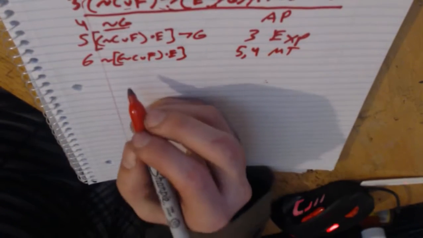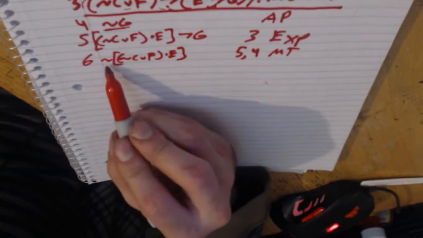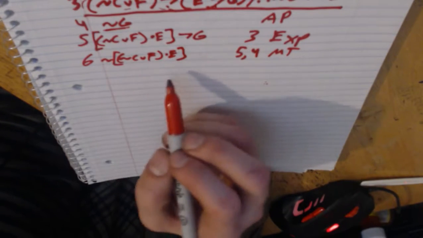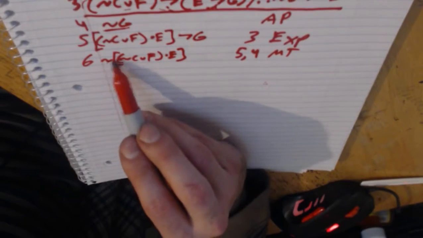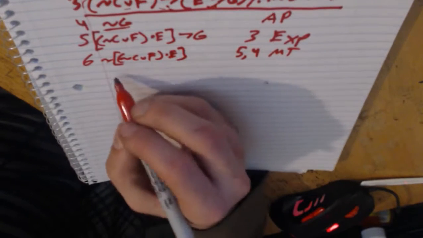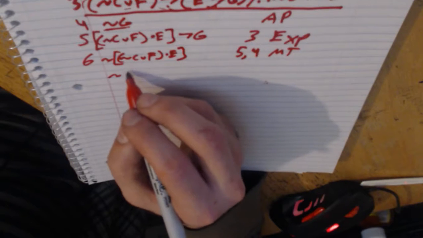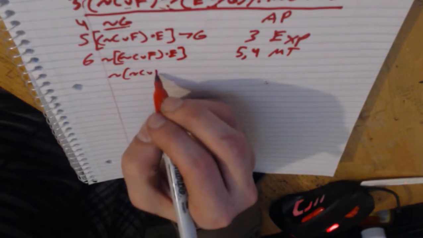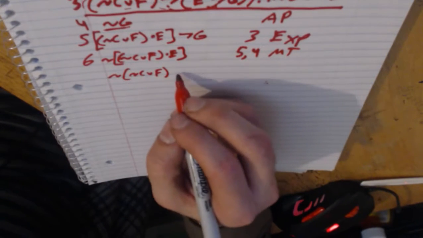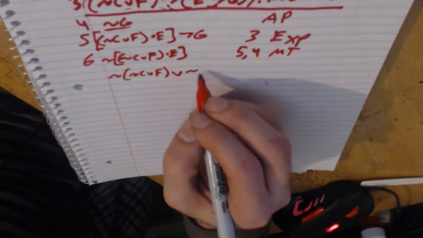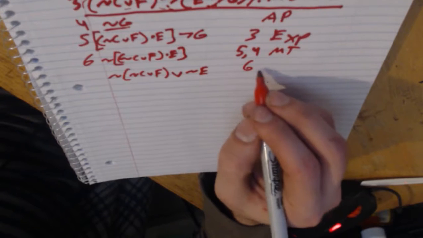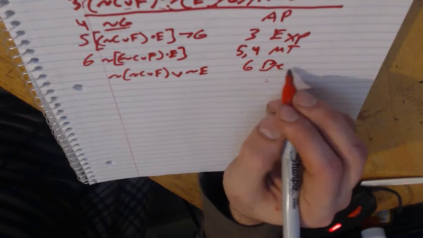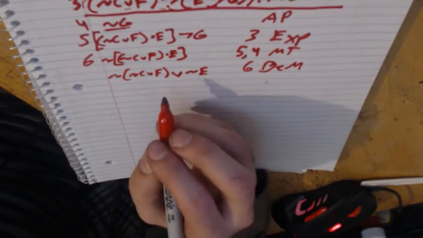Alright. Now 7. Now we're going to distribute. We want to clean this up now, because remember, we're trying to get to this E and not E. So if we distribute that negative there, we get negative not C or F. Remember those parentheses, or not E right there, and that's by line 6, De Morgan's. Alright.